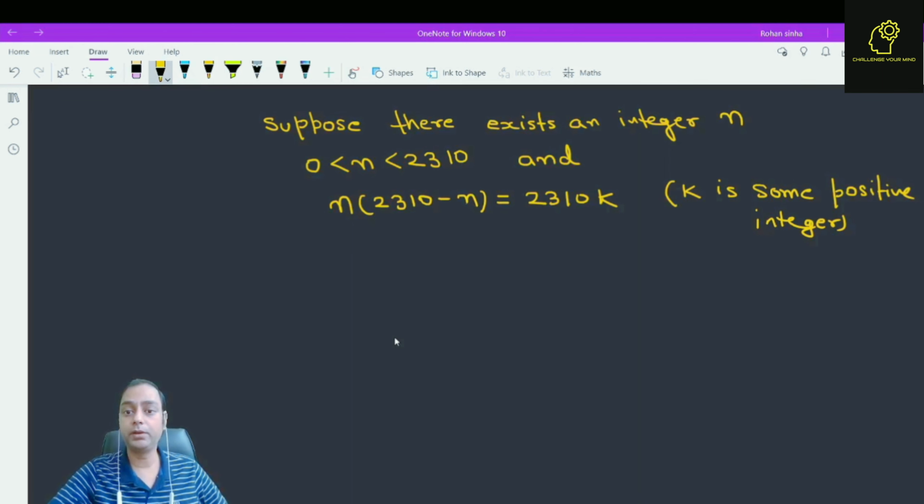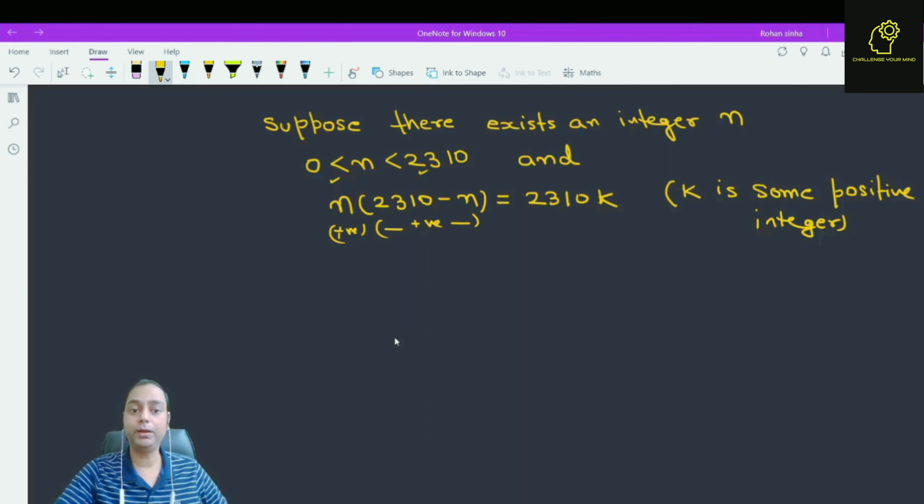Say this is 2310k, where k is some positive integer. So in this step, we have simply assumed that n(2310 minus n) is a multiple of 2310, say 2310k. Why is k positive? Because n lies between 0 and 2310, so n is always positive, 2310 minus n is always positive, and positive into positive is positive. So k must be some positive integer.